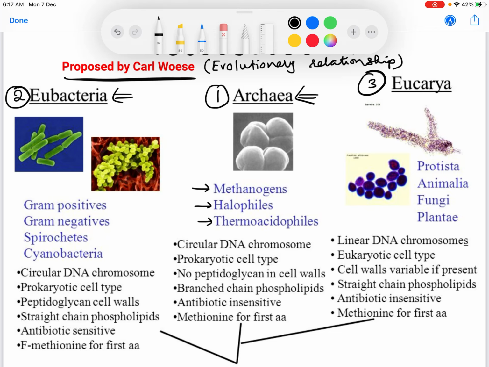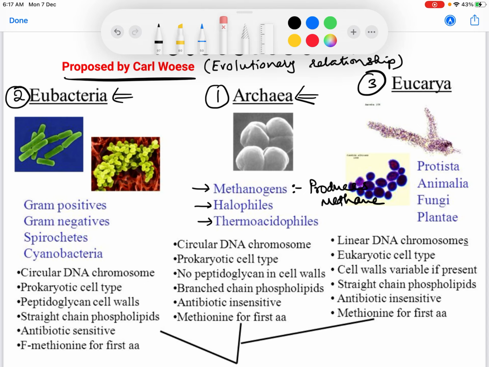Now, what are methanogens? By their own mechanism of metabolism, they produce methane gas. That is why they are said to be methanogens.